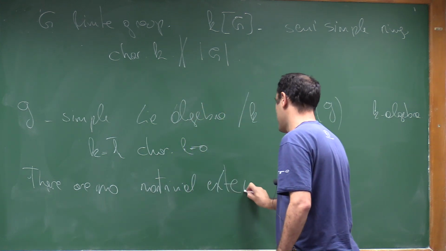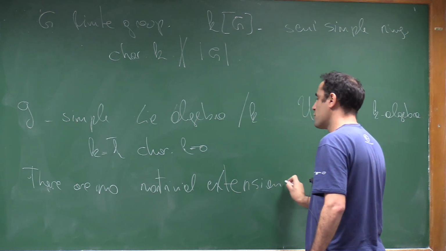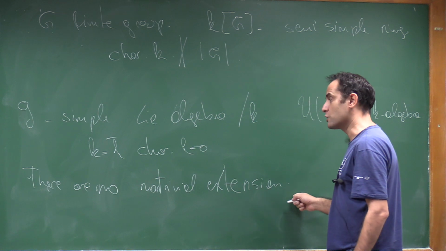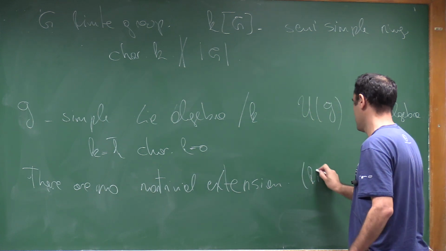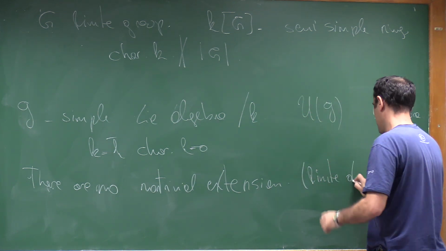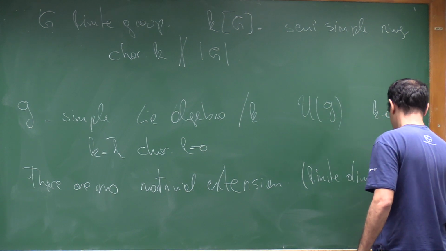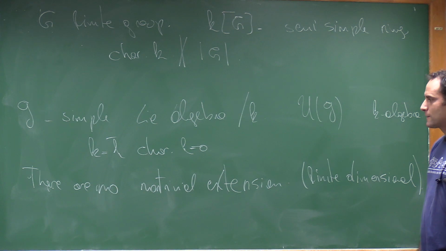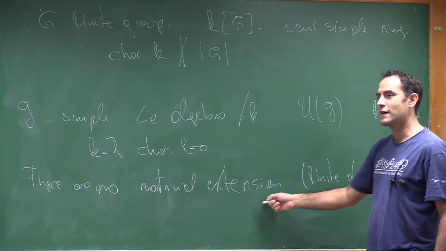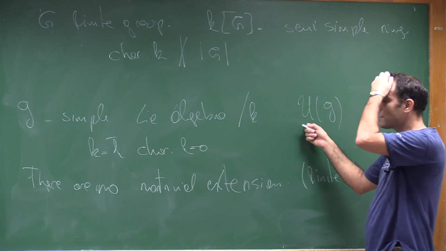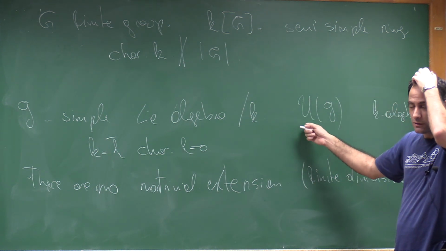But here, there's a problem. There are no non-trivial extensions, finite dimensional. So there are non-trivial, non-split extensions of modules for this ring that are infinite dimensional.